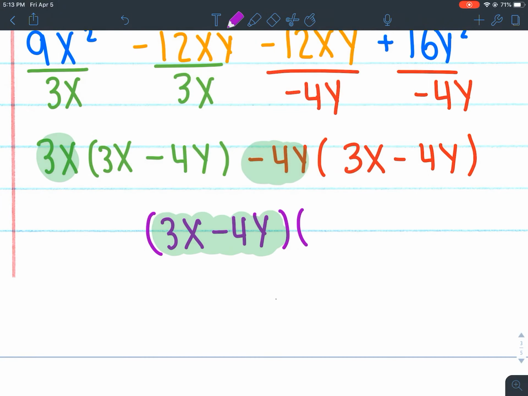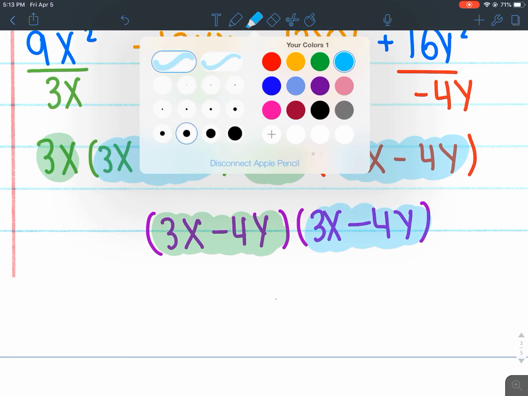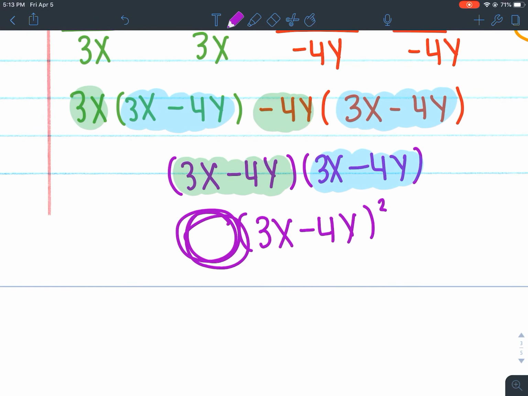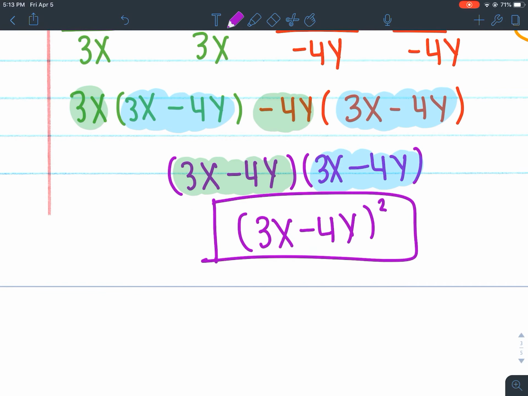Okay? And then you always write your matching parentheses down as well. Matching ones here, matching one here, goes down here. Okay? And since those are exactly the same, then I can write it as 3x minus 4y squared. And I don't have a number attached to the outside of this one because I didn't have to factor a GCF at the very beginning.